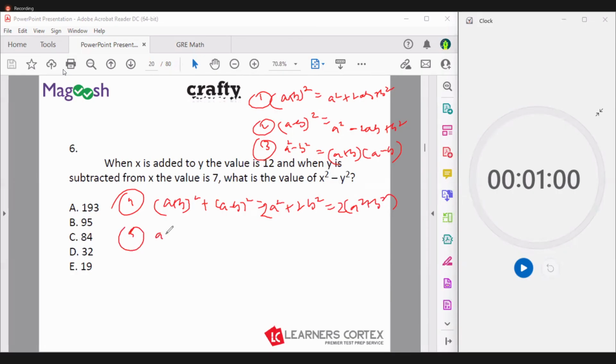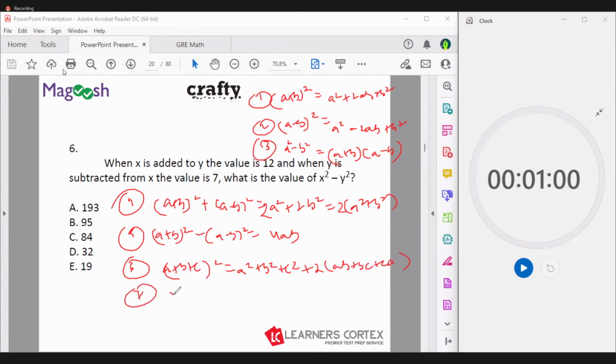And then a plus b whole squared minus a minus b whole squared is 4ab. Then a plus b plus c whole squared is a square plus b square plus c square, plus 2 times ab plus bc plus ca.